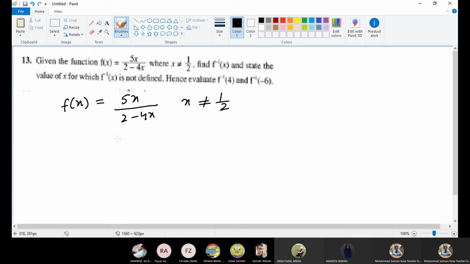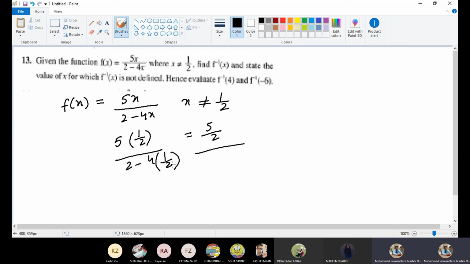Otherwise, if you place half here, the numerator will survive, but the denominator is going to become 0. And you know that something divided by 0 is infinity. That's why they have asked you not to put half here at all cost.